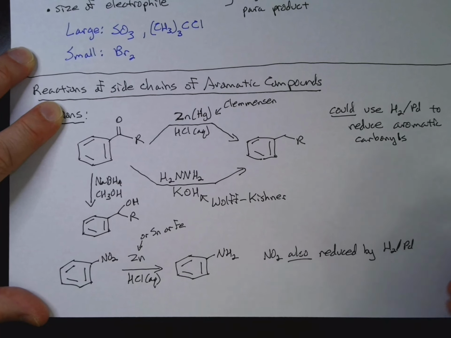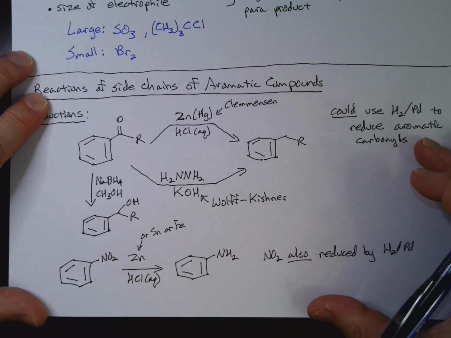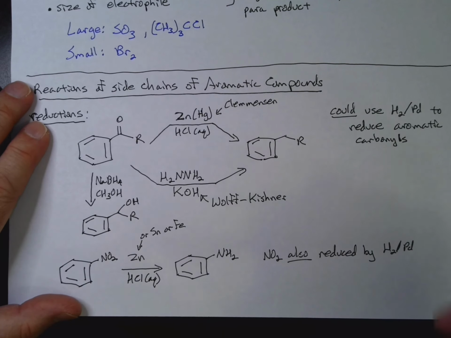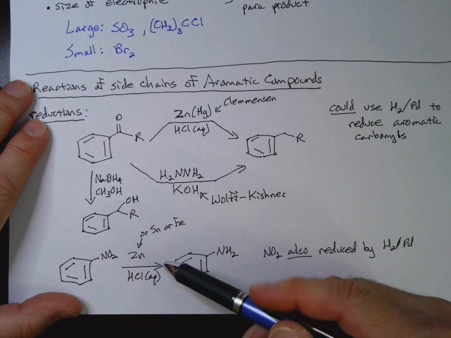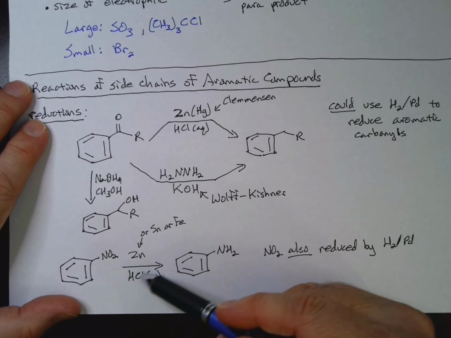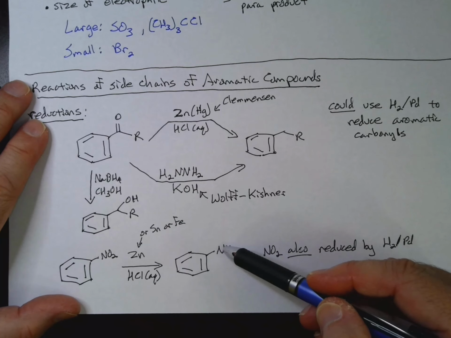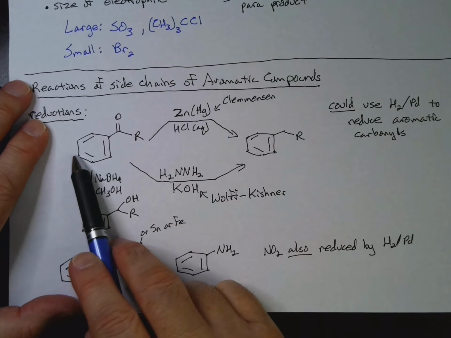And McMurry does mention that the NO2 group will also be reduced by catalytic hydrogenation. So that's one thing you have to watch out for. This Clemmensen, these conditions are basically really similar to the conditions for reducing the nitro group to an amine. So you have to be careful if you have a nitro group on your compound.